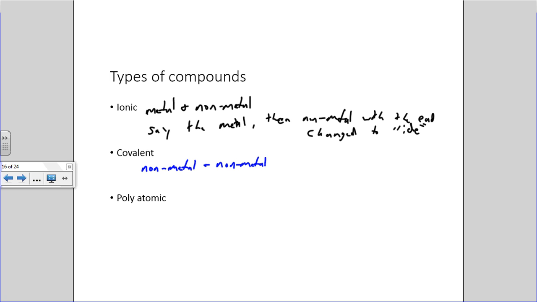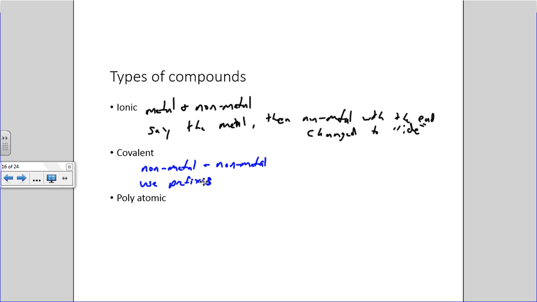Okay, so a metal, non-metal and a non-metal. On these ones, you're going to use the prefixes. The prefixes: mono, di, tri, tetra, penta, hexa, hepta, octa, nona, and deca.